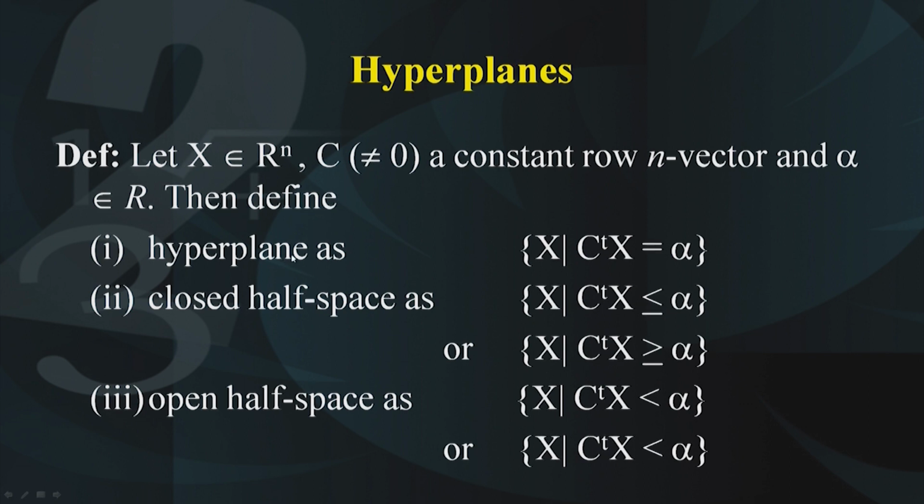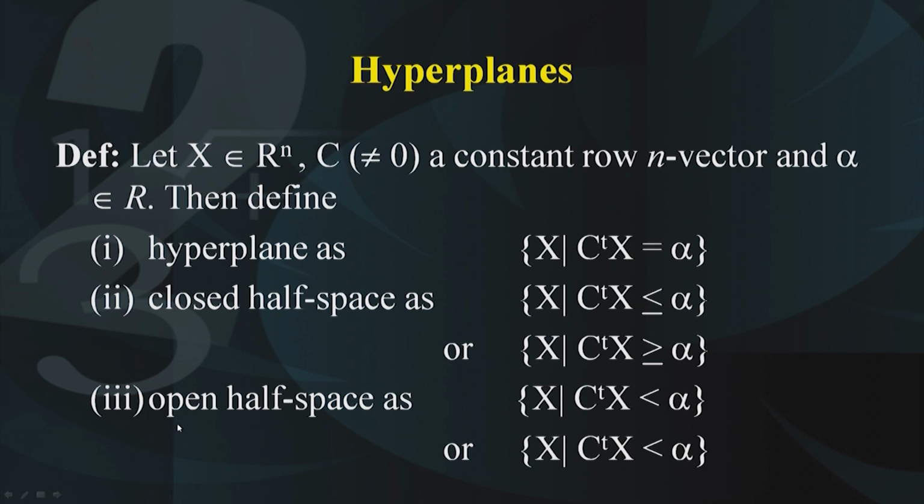Then we define a hyperplane by the set of all x such that C transpose x is equal to alpha. Then we also define closed half spaces as the set of all x such that C transpose x is less than or equal to alpha, or on the other side, the set of all x such that C transpose x is greater than or equal to alpha.